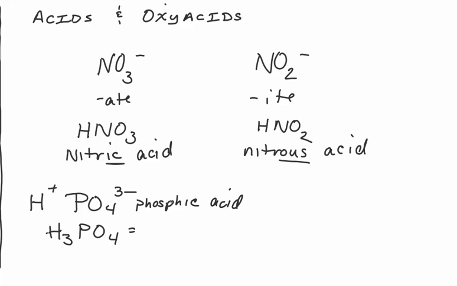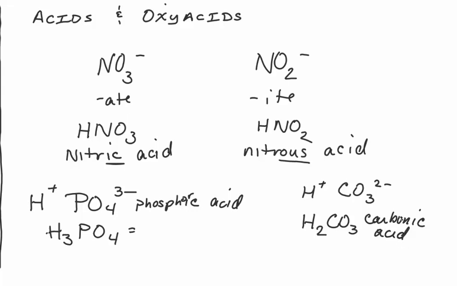So this is phosphoric acid. If we were to start with carbonate, carbonate is CO3 2-. So in order to satiate those charges with hydrogen only, it would be 2 hydrogens to satiate that charge. So H2CO3, and carbonate becomes carbonic acid.